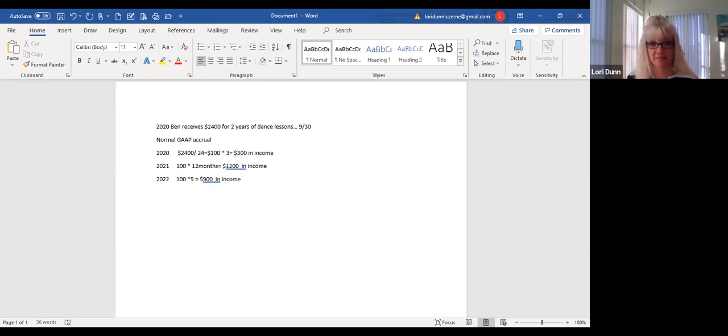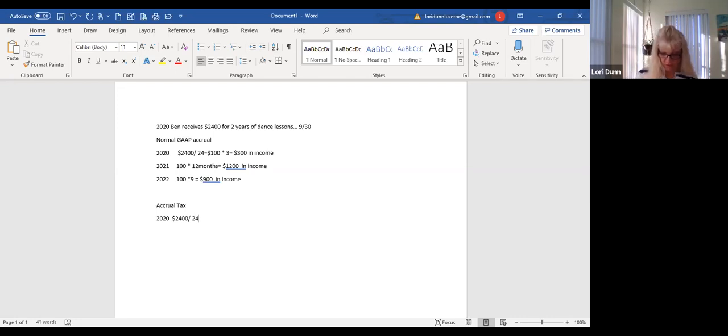Here's what tax says. On the $2,400, we'll let you defer some of it till next year. Some of it you show in this year, but then you show the rest of it next year. So accrual method for tax says this. In 2020, you show the part you actually earned.